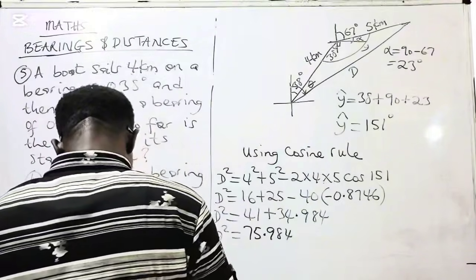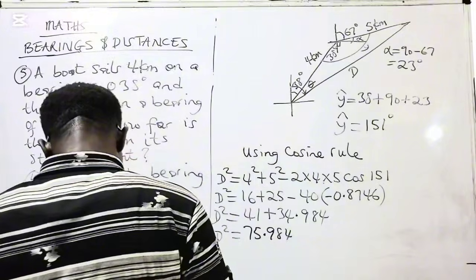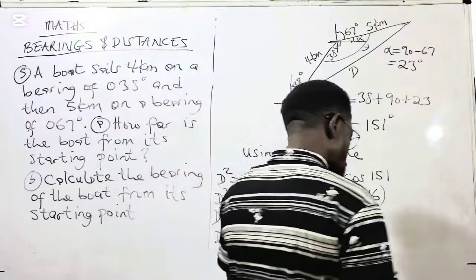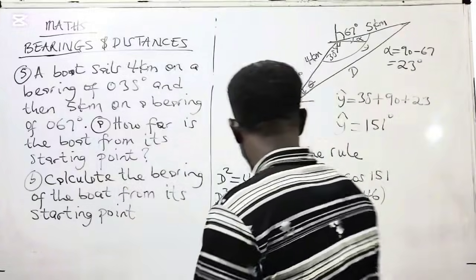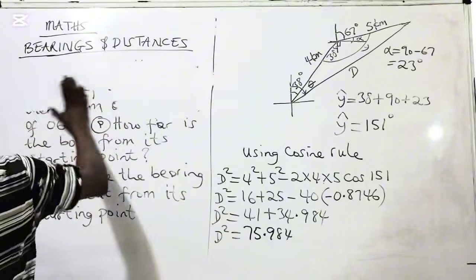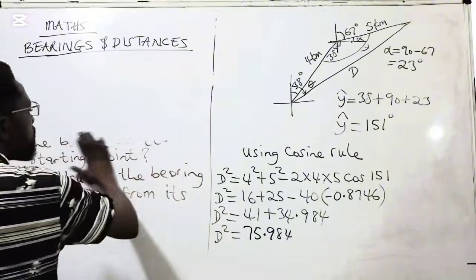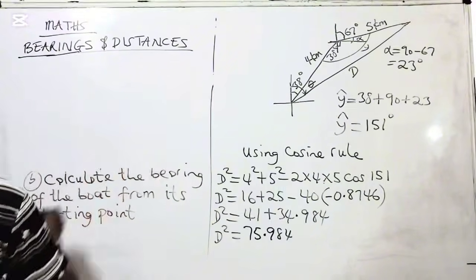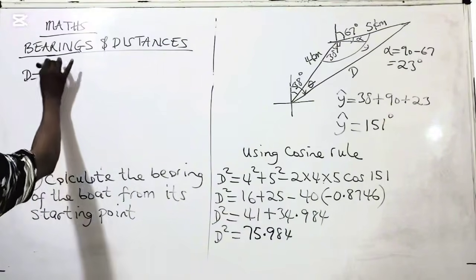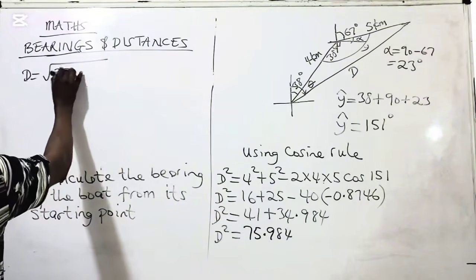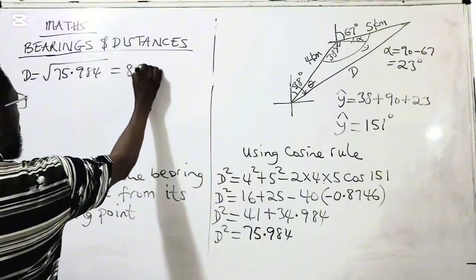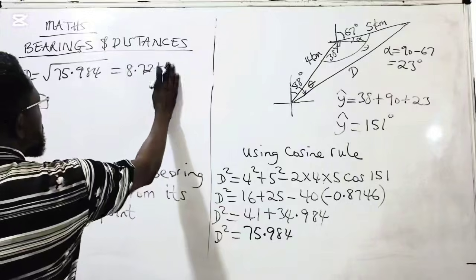To find the square root, that would now give 8.72, that's the square root of 75.984, so 8.72 kilometers.